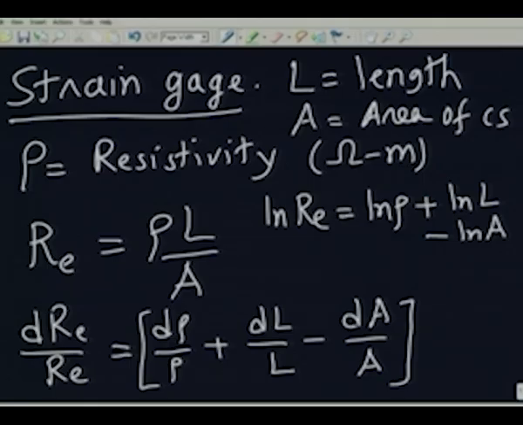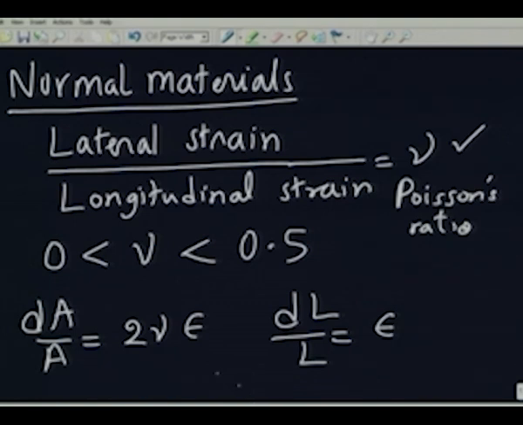Now, I will combine this equation with what we have seen earlier. If you go back to the previous one, I have got dA by A equal to 2 nu times epsilon and dL by L equal to epsilon. So, all I have to do is to put them together. Actually, I should have put a minus sign here.